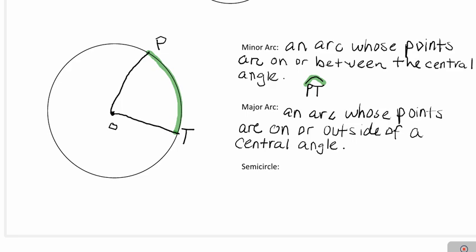And typically, in order to signify this, we use 3 points to label it. So let's just say I have this point Q here. Then the major arc would be this entire arc I'm highlighting in blue here. So notice it's outside of that central angle.